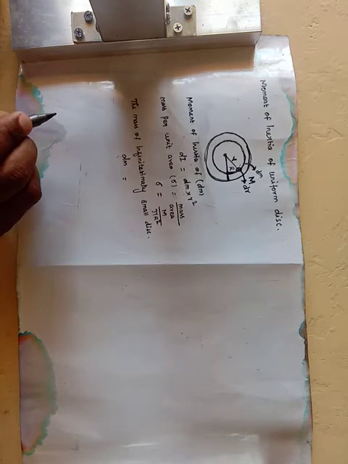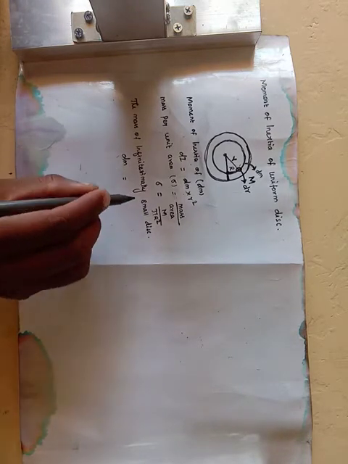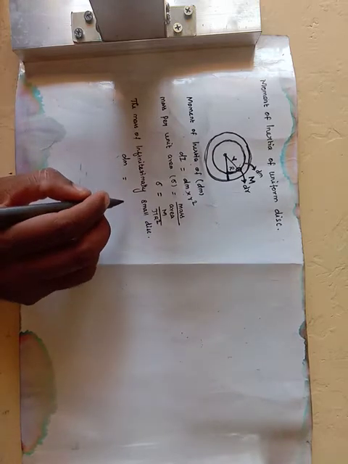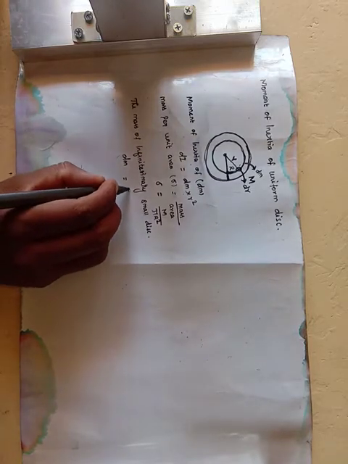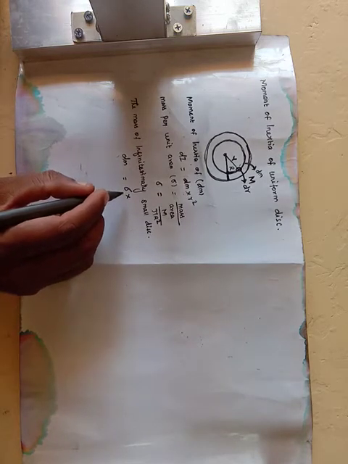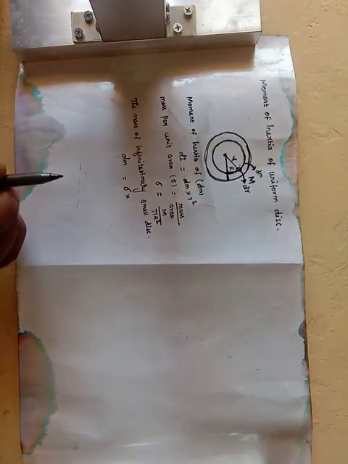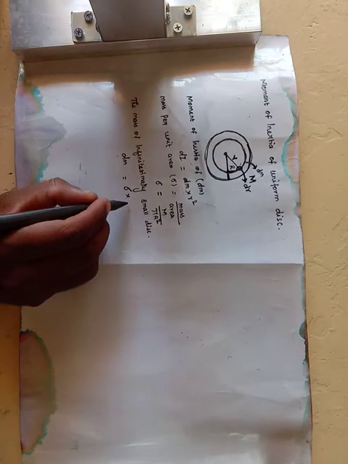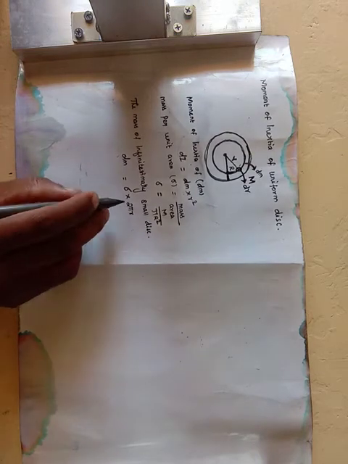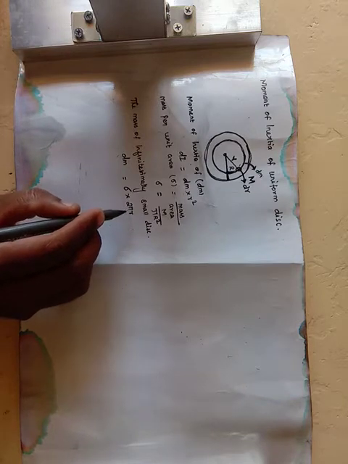The dm is calculated using the formula: dm is equal to mass per unit area into area of the small disk, and that area is 2 pi r into dr.